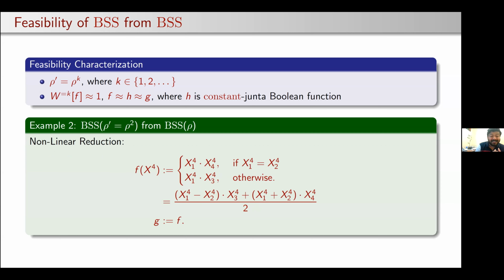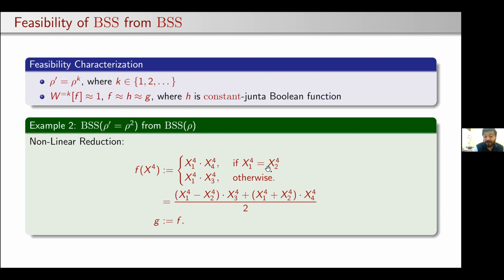Fascinatingly, there also exist nonlinear reductions. Let me give an example that achieves the same target distribution SNIS that I explained earlier. However, this reduction uses 4 samples, and the reduction function f is the following function.